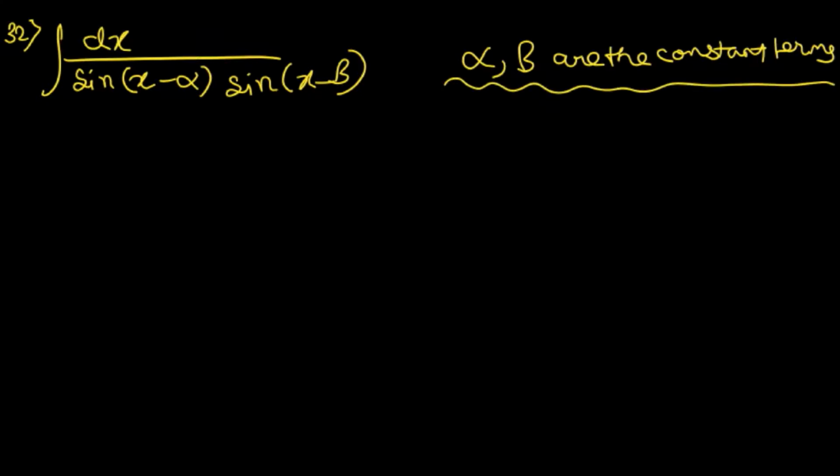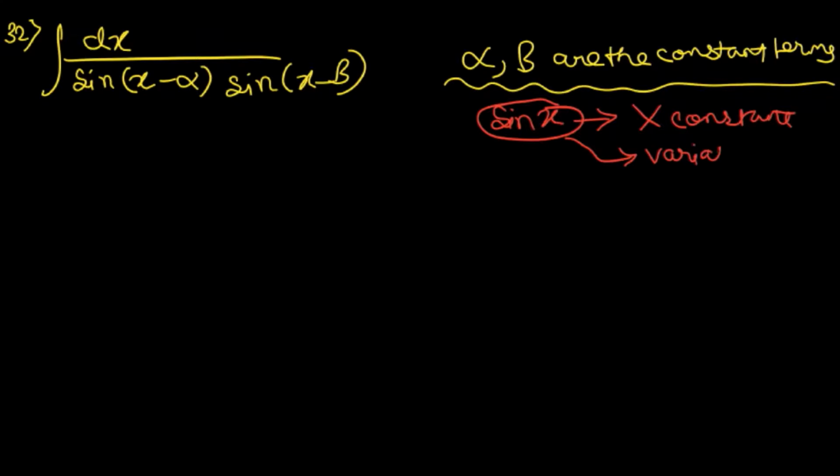Please note down that sin x is never a constant, because x is varying, so the value of sin will obviously vary. So sin x is always a variable, a varying term. Whereas alpha and beta are constants, so sin of alpha, or sin of a constant, will be a constant.